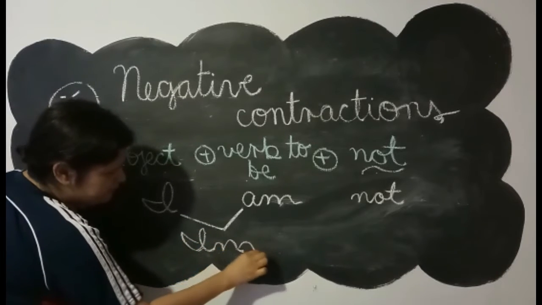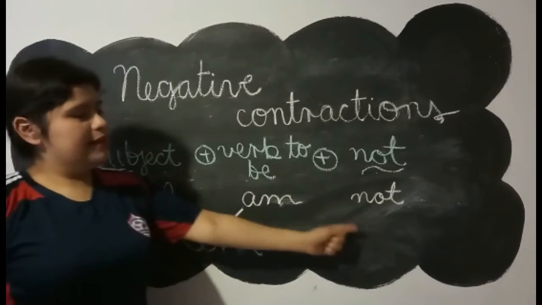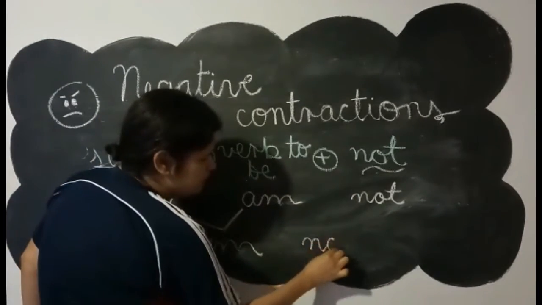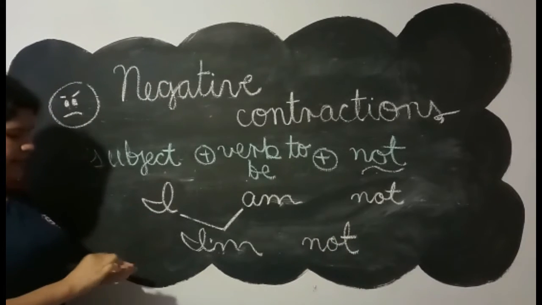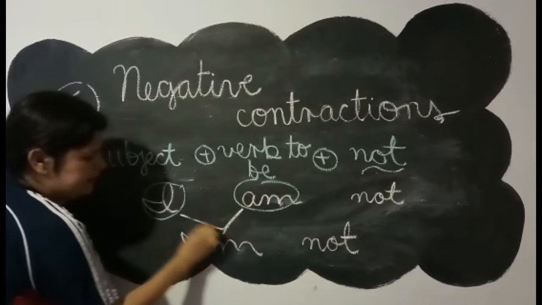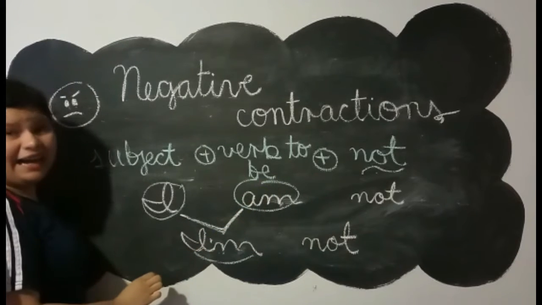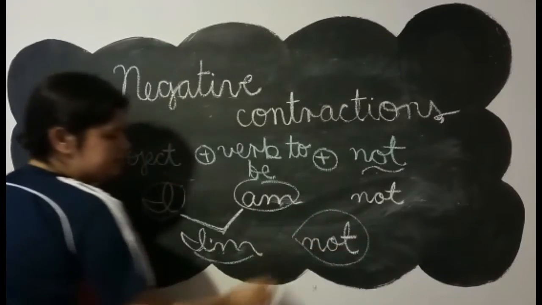I am, and I'm going to write the word not. In this case, I and am get together to form I'm, and we add the word not.